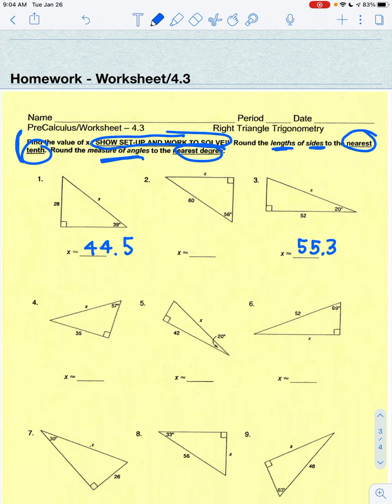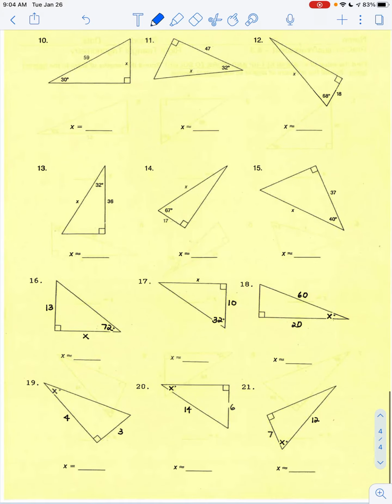None of the angles are on the front side, so just so you've seen one, on the back side, the angles are the last 6 problems. So in number 18, when you go to find the missing angle, it should end up being 71 degrees. So just to make sure you're kind of on the right track, that can help you.